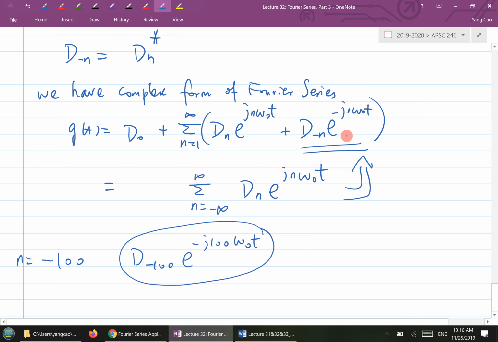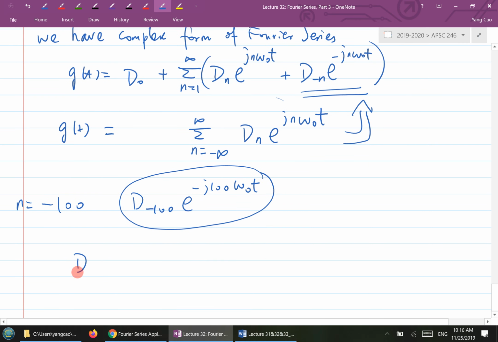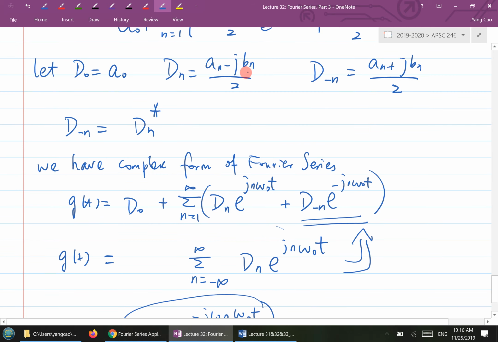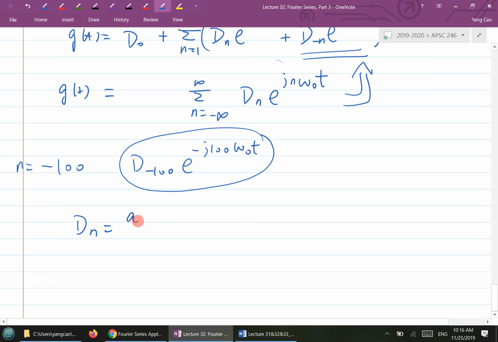So more precisely now, the complex form of a Fourier series is written as this one. And dn here, technically dn is this an minus this bn, over 2.